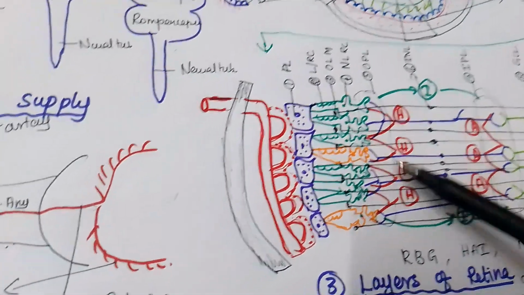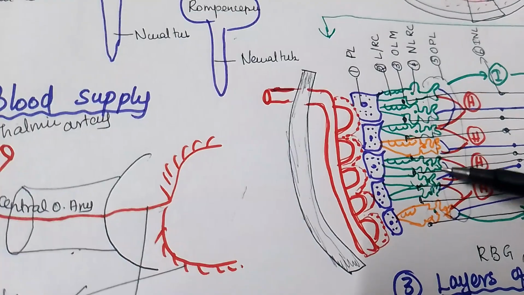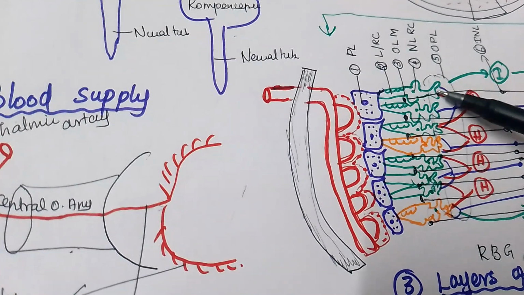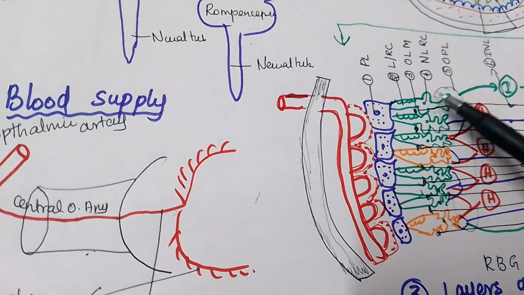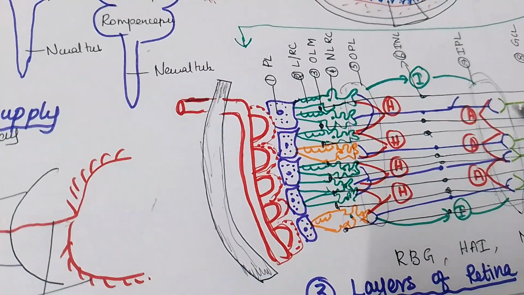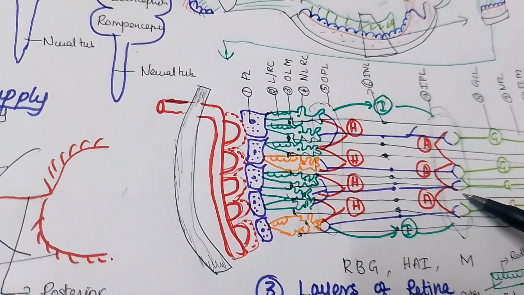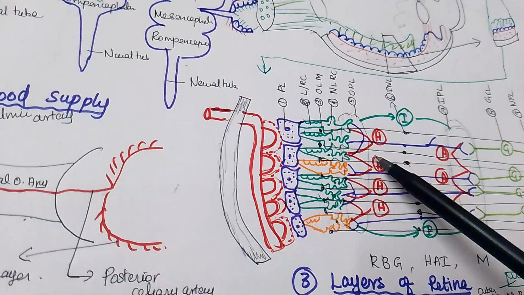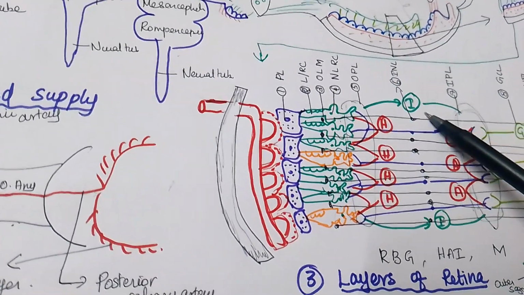All these connecting places are like a network, like a junction, called the plexiform. Since it is outside the retina, it is called the outer plexiform layer, and this one is called the inner plexiform layer. When you see it in the microscope, it looks like a small layer, right or not? And these two plexiform layers are connected by the interplexiform cells.